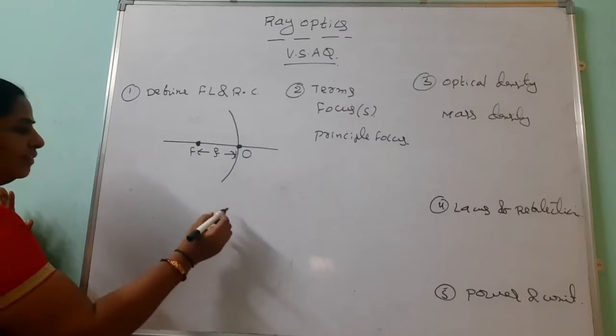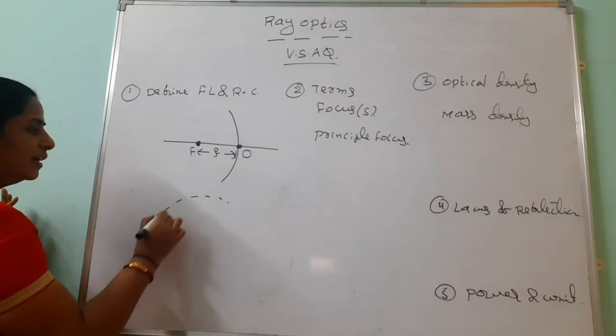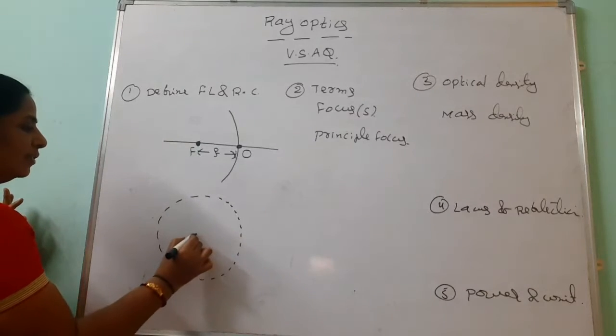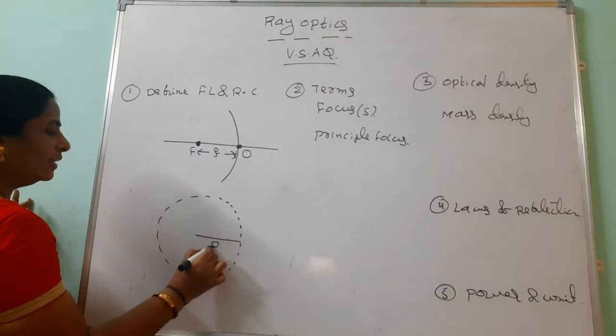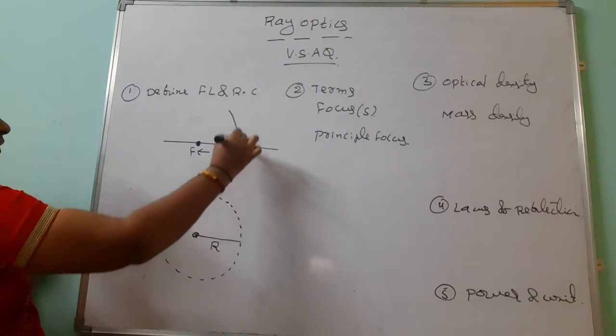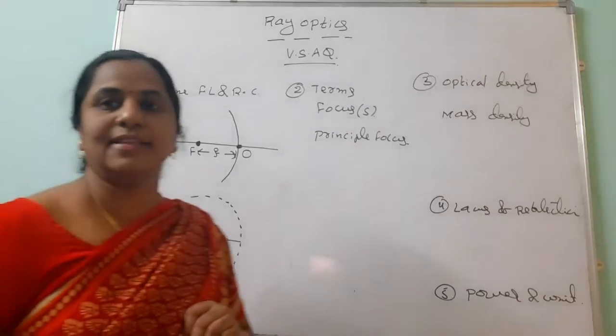Then the radius of curvature: if you complete this cut part, you get a sphere or circle shape, and the radius of that is called the radius of curvature.